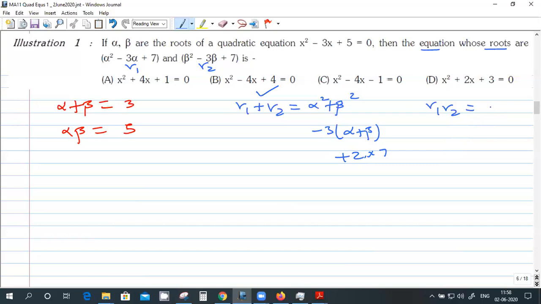Okay, I'll get alpha square, beta square, and then minus 3 alpha beta into alpha plus beta. Right? And then constant 49. 3 into 3, 9 terms, right? 1, 2, 3. Okay, and then I'll get alpha square and then beta square.